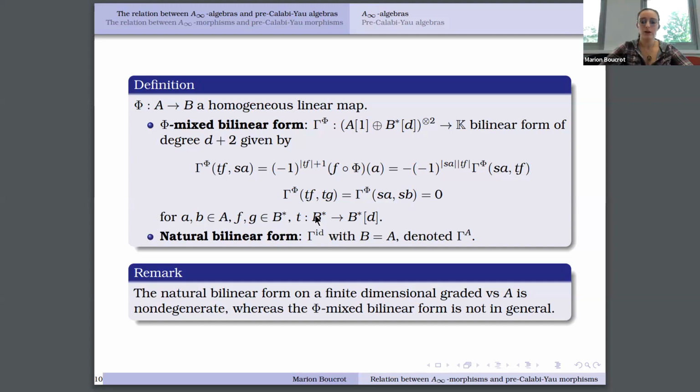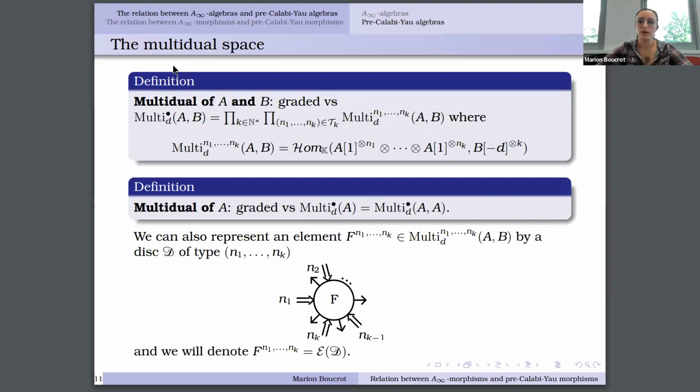And first I will define, as for the infinity case, a new graded vector space that is called, following an article by Yeung, the multidual space. So if we have graded vector spaces A and B, the multidual of A and B is this graded vector space given as a product of graded vector spaces, which are the graded Hom of maps that are now going from lots of groups of inputs, in some sense.